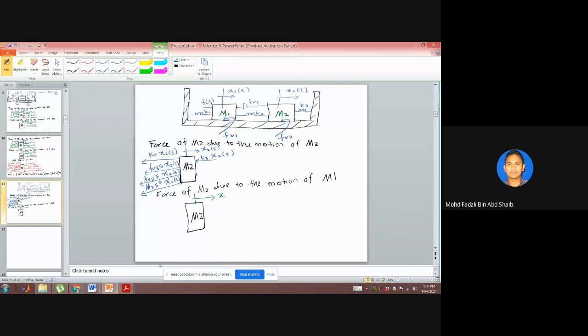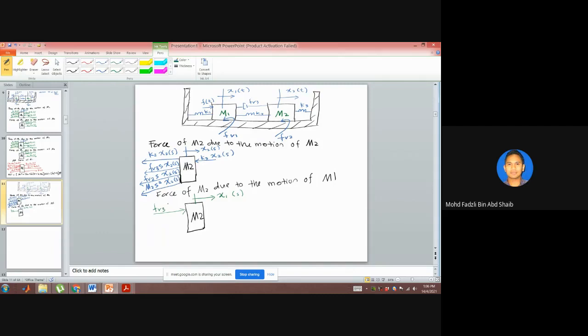Because it's due to the motion of M1, it should be X1. S1 s, right? What's the link between M2 and M1? We have FV3 and K2, right? So M2 due to motion of M1. You need to follow the motion of M1. So FV3, the direction is supposed to be here.